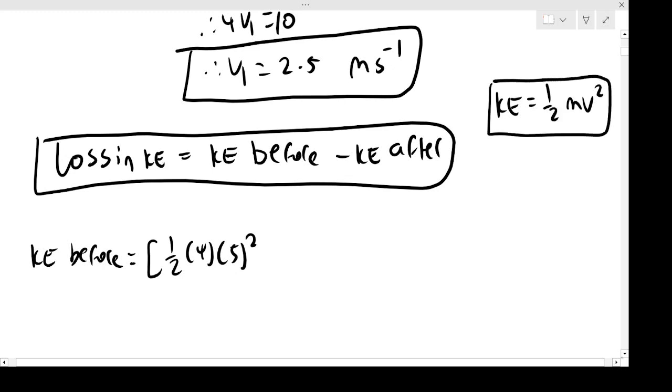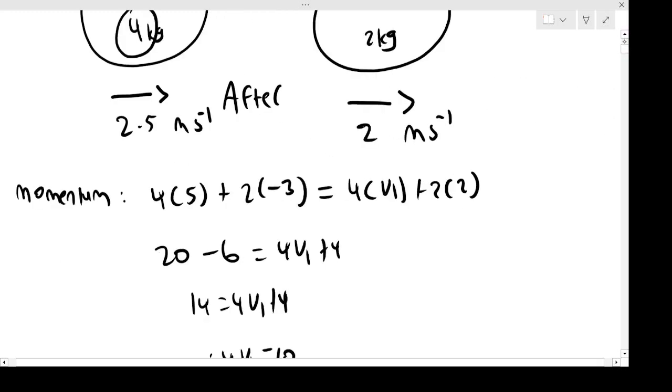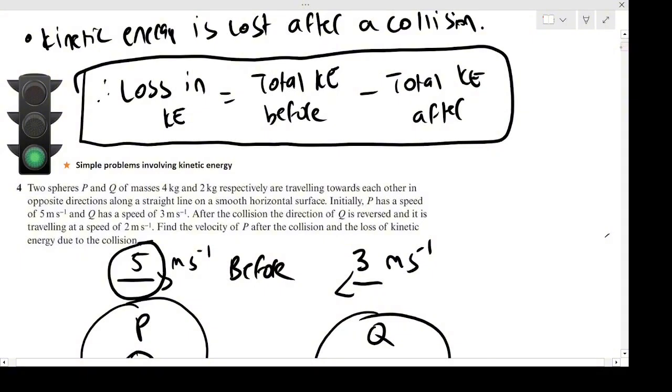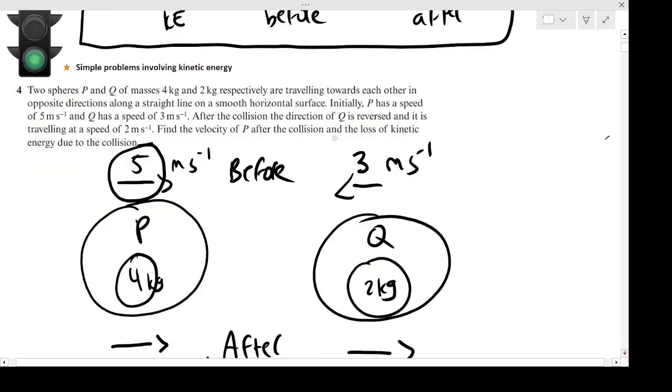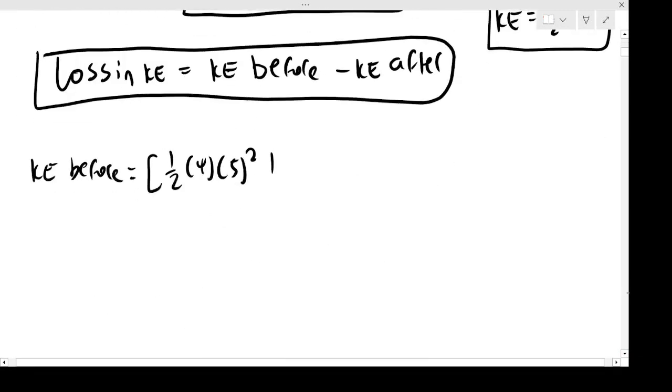So that's for P before. Hopefully happy with that. Then for Q, the mass is 2 and the speed before is 3, so it's going to be half times 2 times 3 squared. We're going to add that on, and this is my total kinetic energy before the collision. Hopefully happy with that. So if I just work that out now, put it in the calculator.